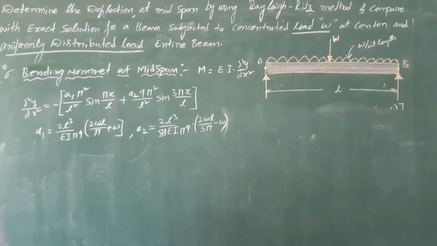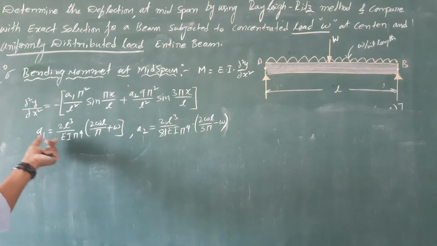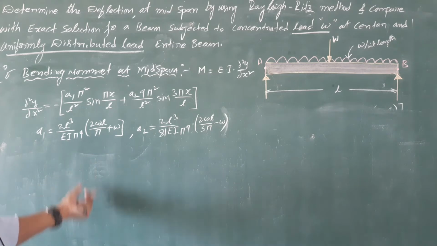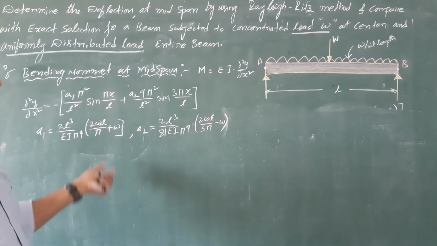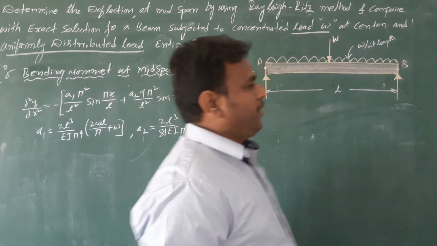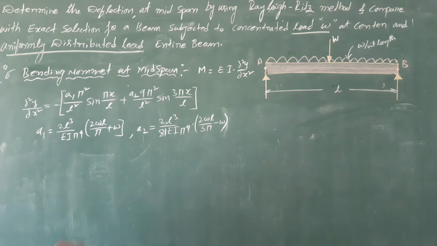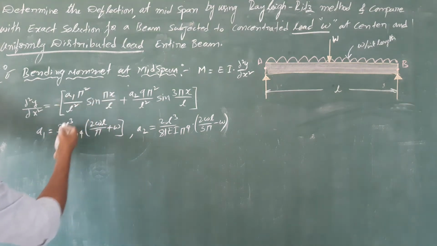You know that in our derivation we got the a1 value and a2 value. Substitute the a1, a2 values and then find the mid-span bending moment. Now substitute here in our equation.